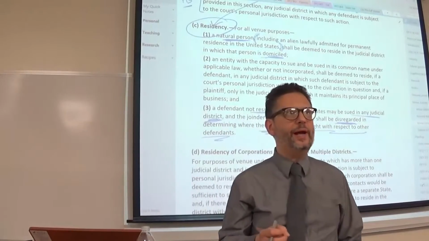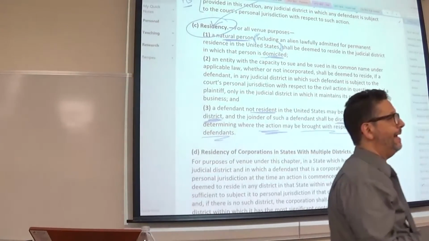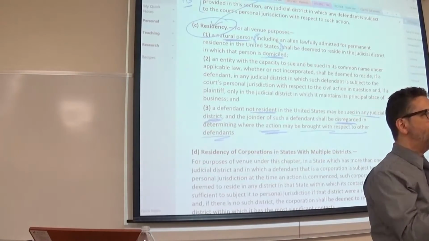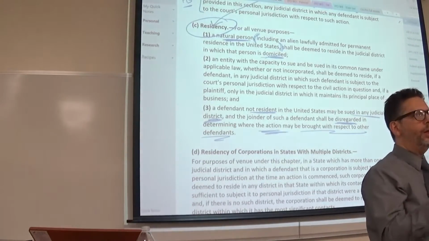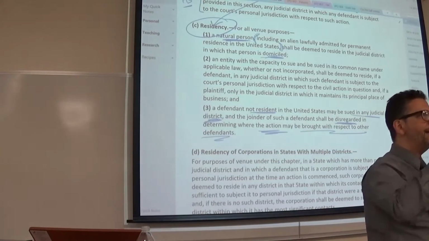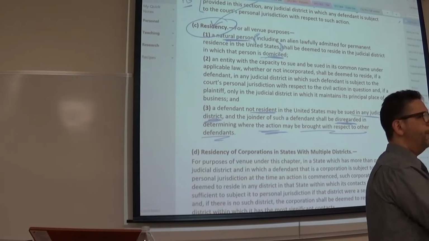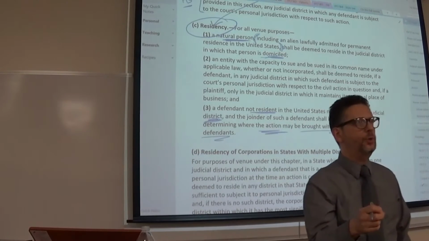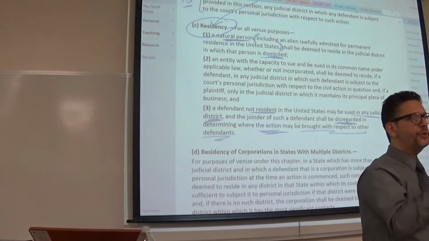Suppose you have a corporation that's got its principal place of business in Florida, but the actual headquarters is in Miami. Okay? Well, for venue purposes, we're going to treat each and every district as if it was a separate state. We're going to be asking about the minimum contacts or other basis for PJ this corporation has with each of the districts in Florida.